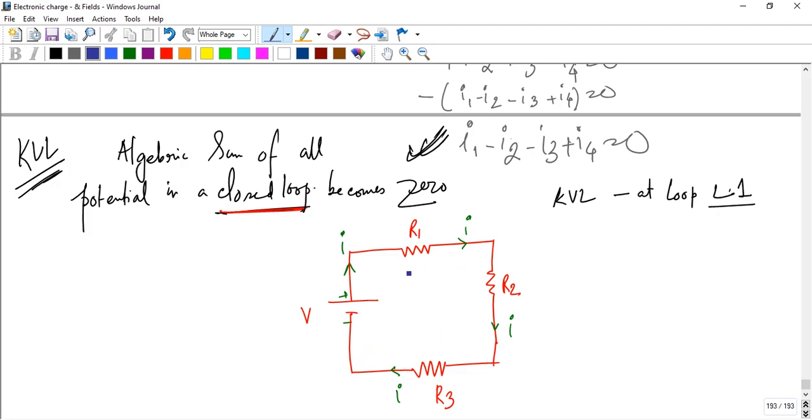Suppose first the clockwise direction, the blue line. Now check the current direction against this loop direction. If both are the same, it is plus. If they are in opposite directions, it becomes minus, or vice versa. If you choose the same direction as minus and opposite direction as plus, you get the same answer. So here from the battery, starting from minus to plus, but the current direction is plus to minus.